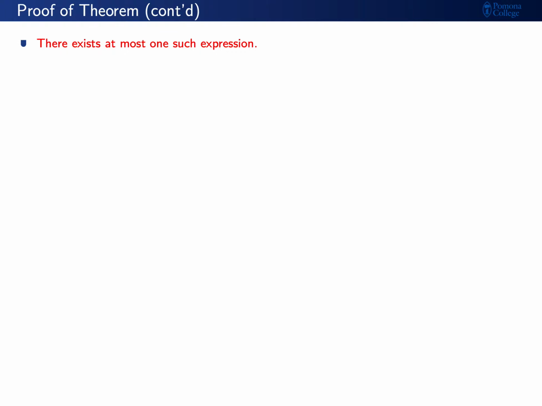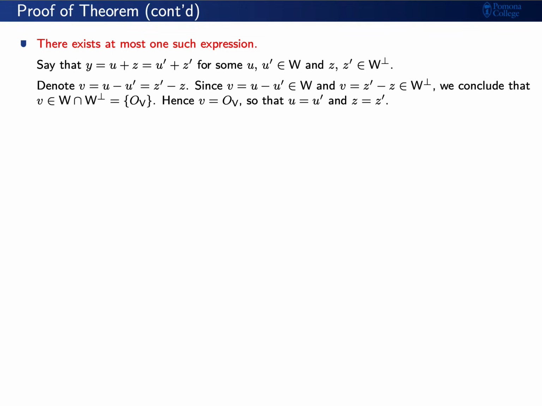Now we have to show that there exists at most one such expression. So, by way of contradiction, let's say that maybe Y equals U plus Z, which also equals U prime plus Z prime.